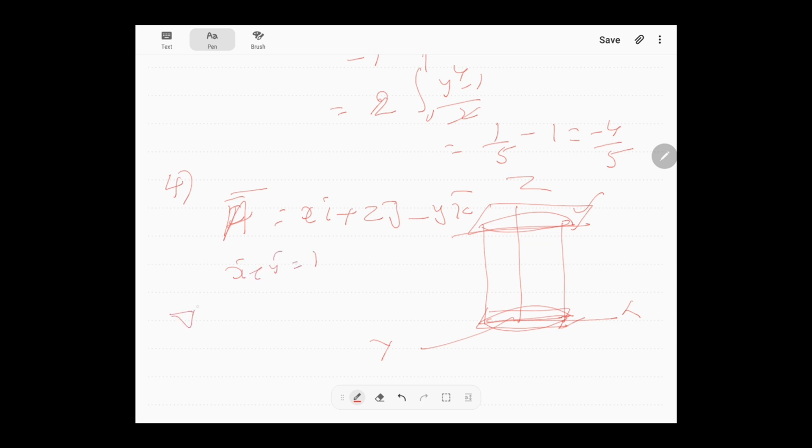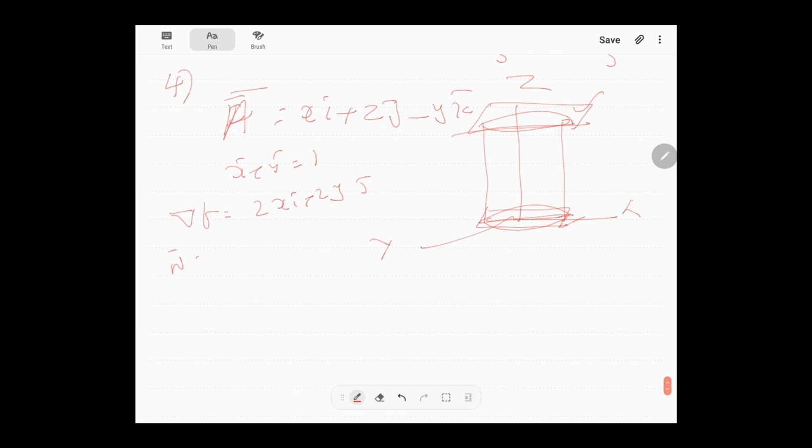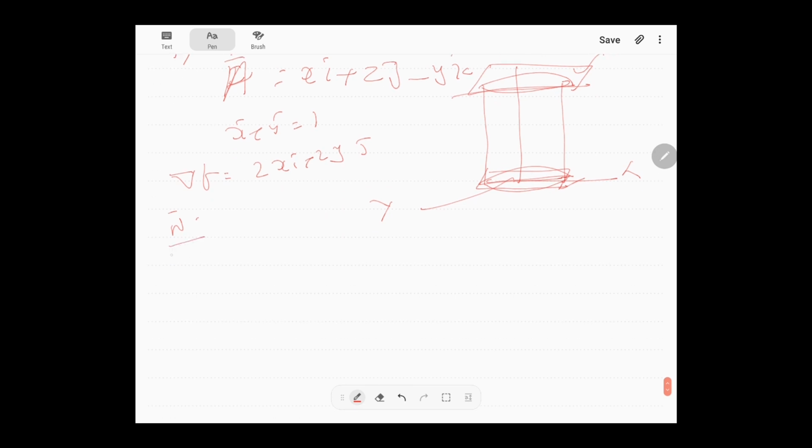Therefore, what is grad f? Grad f is 2x i bar plus 2y j bar. What is your n bar? N bar is the outward normal vector. Outward normal vector means n bar is grad f by magnitude of grad f: 2x i bar plus 2y j bar by root over 4 times x square plus y square. x square plus y square is 1.